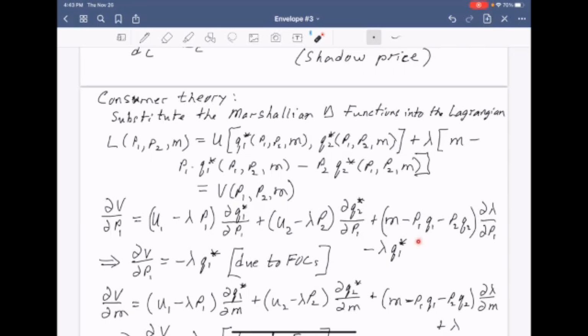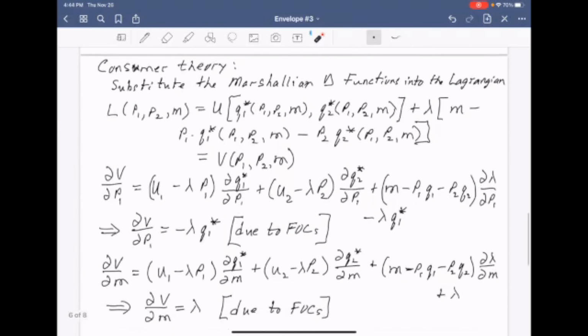So what we're left with is this part of the result, and we get that the partial of v with respect to p1 is equal to minus lambda times q1 star, where q1 star is the Marshallian demand function.